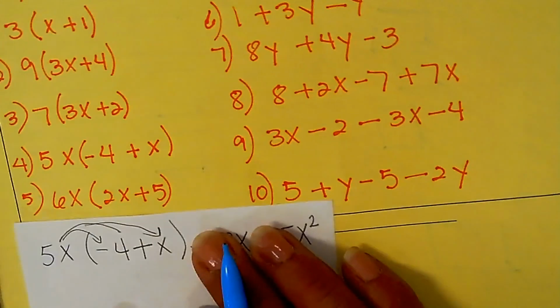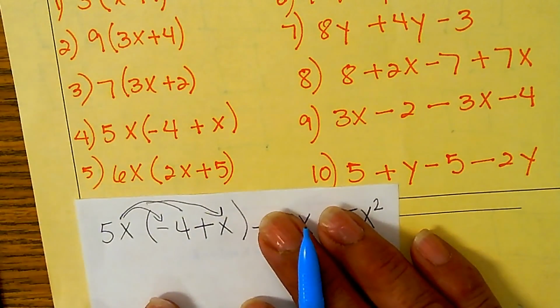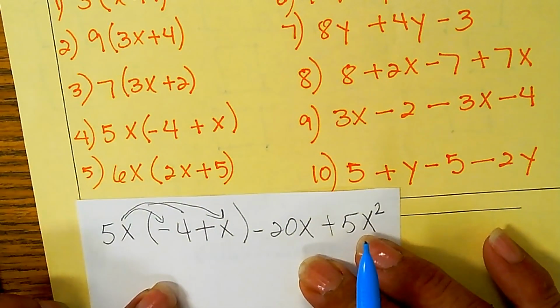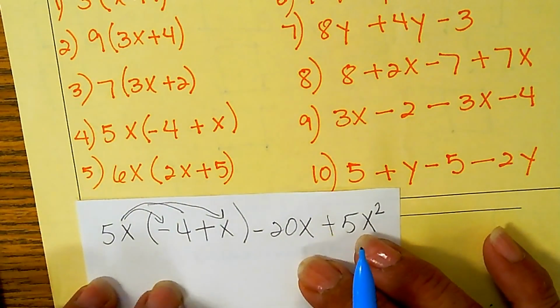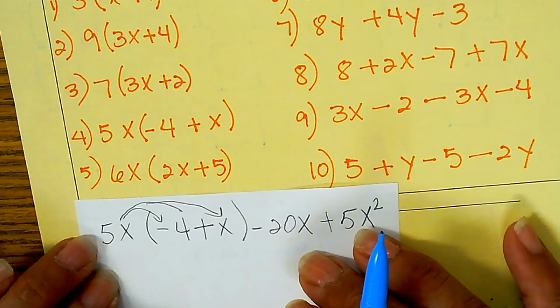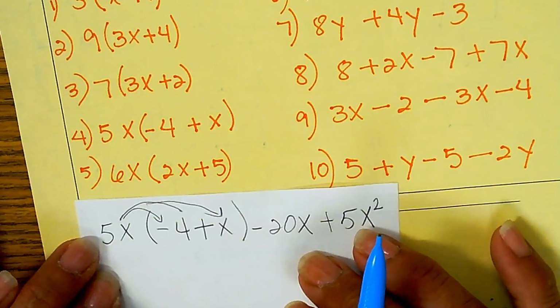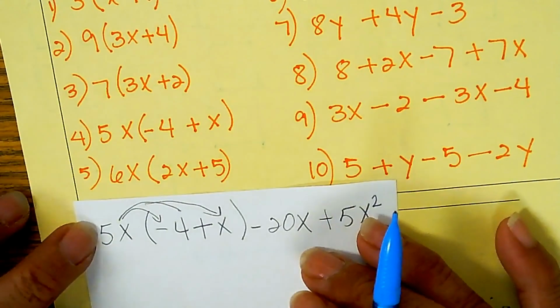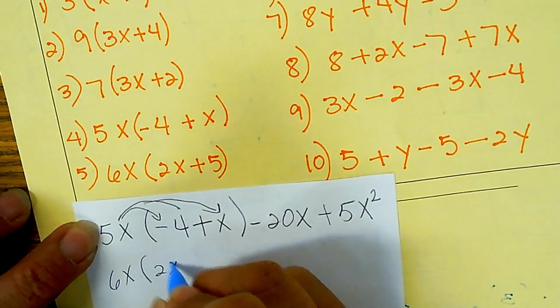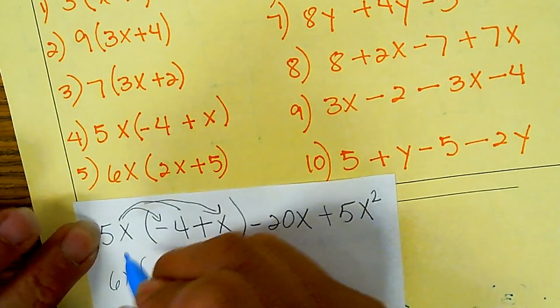So then, number 5, volunteers. Yes, Isaias. Yes, thank you. So the answer is 12x to the second power, or x squared, plus 30x. So 6x, 2x plus 5, right?